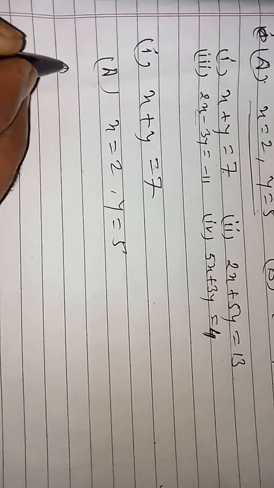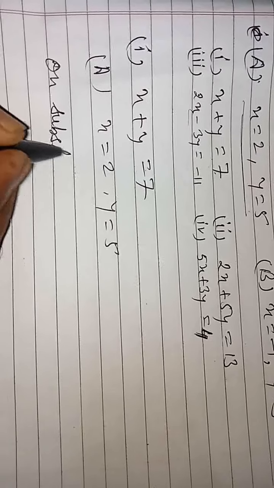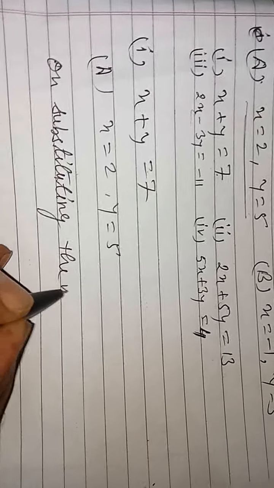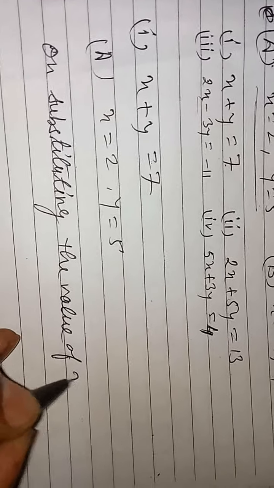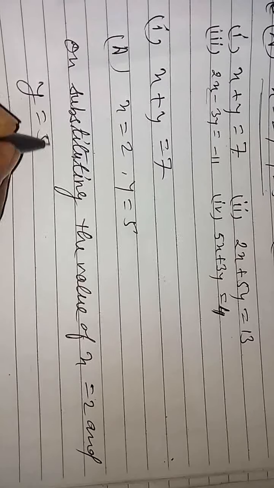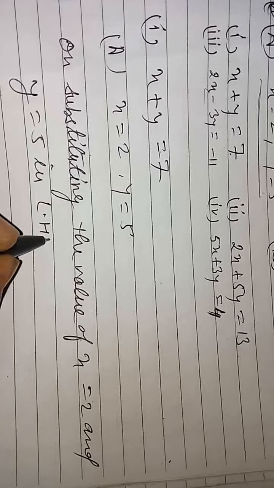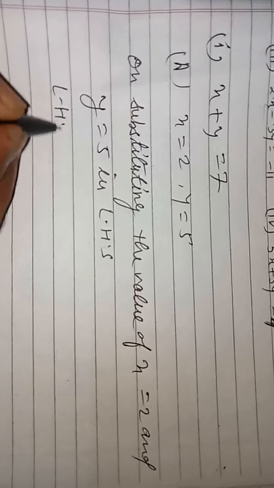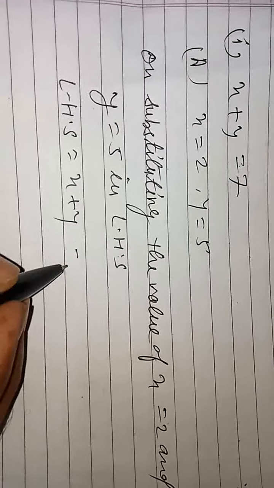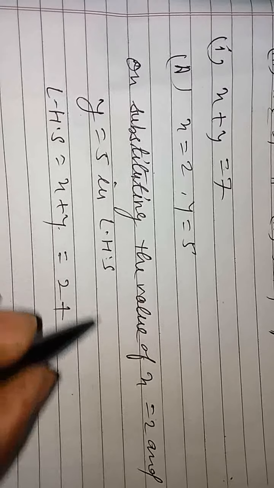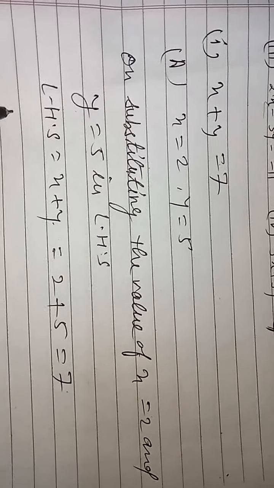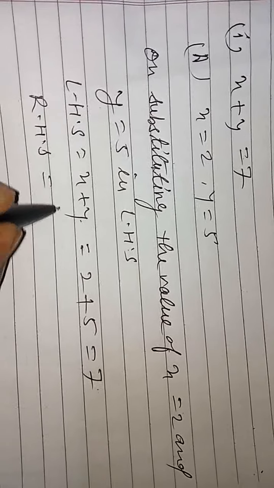On substituting the value of x is equal to 2 and y equal to 5 in LHS equal to x plus y. So at the place of x we put 2 and at the place of y we put 5. You will get answer 7 and RHS is given 7.